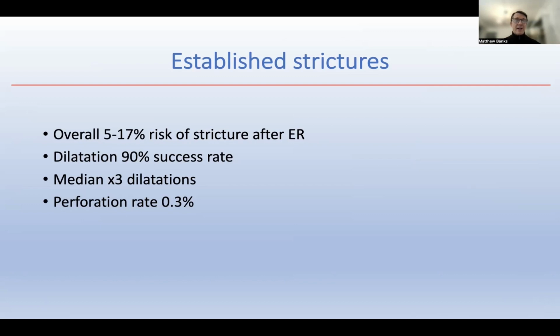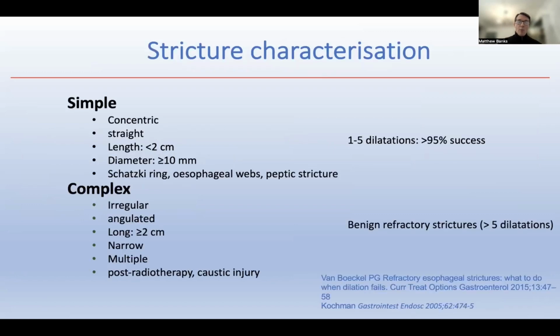you have to consider a treatment algorithm, bearing in mind that most patients do establish normal eating patterns after 3 to 4 dilatations, with a reasonably low perforation rate of 0.3%. However, in those who have more complex strictures, the results are likely to be refractory to initial dilatation. And complex strictures are defined as those that are regular, angulated, at least 2 centimeters, often multiple, and they're more common with post-radiotherapy, caustic stricture, or endoscopic therapy.